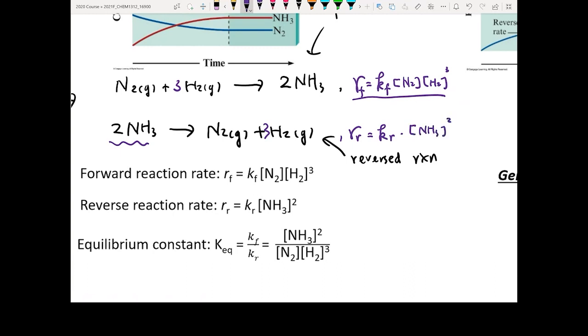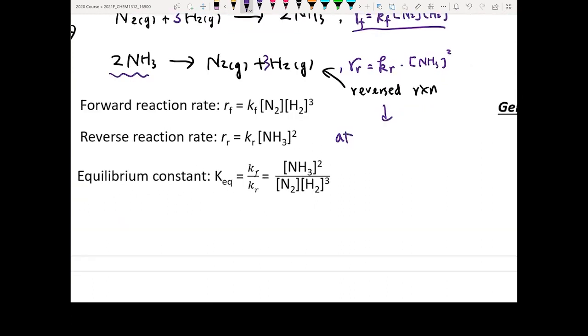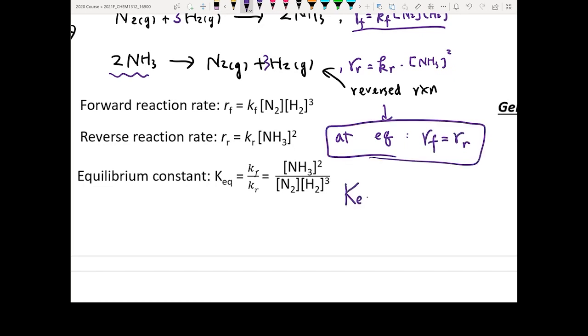When we say a system reaches equilibrium, one very key concept you should have is that the forward rate is going to equal your reverse rate. So at equilibrium, the forward rate equals the reverse rate. The equilibrium constant is defined as the rate constant forward over the rate constant reverse.